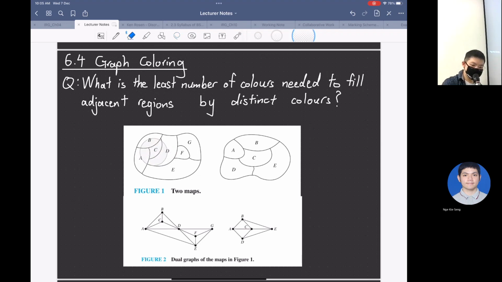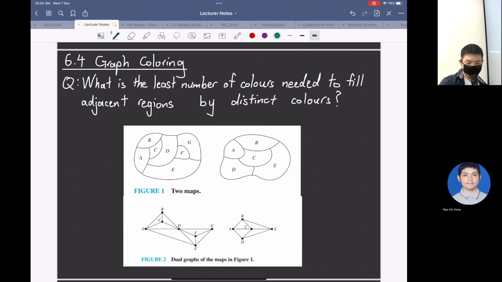So it turns out that if you regard this connected component here as a point, string this region into a point, and then the boundary you make into a line, this is actually the question of coloring the vertices of a graph. Everyone see it?